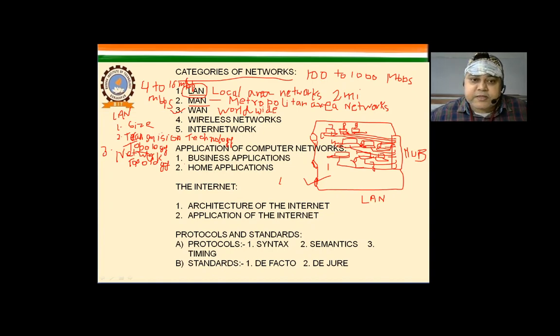So let us move towards another network category, that is the metropolitan area network.